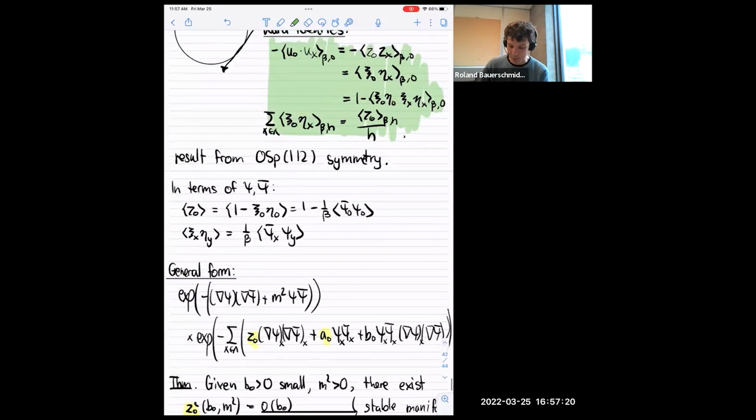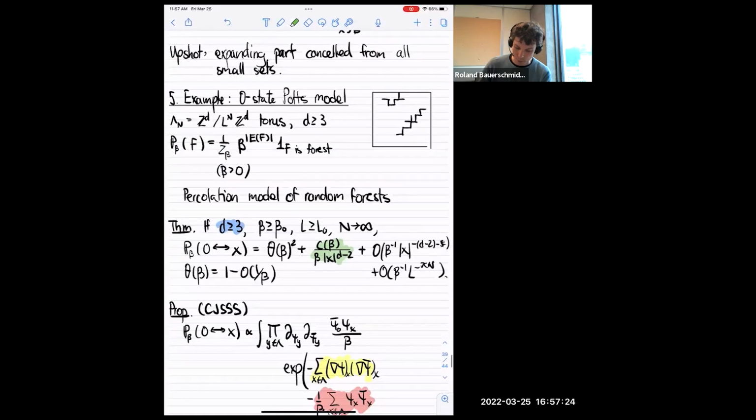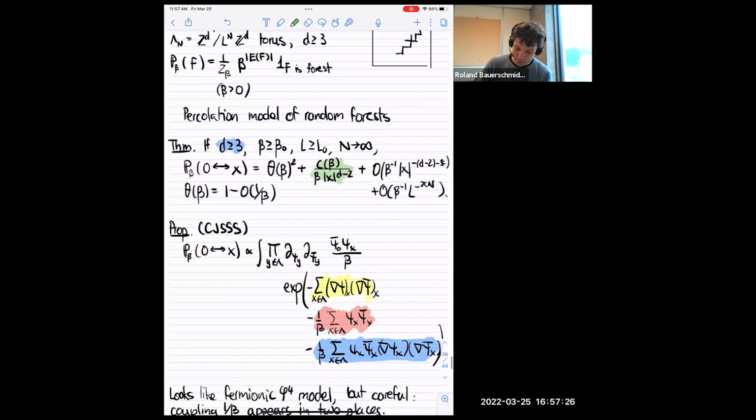And for example, we can see things like the leading term here, which is an effect where the symmetry plays really an important role, so that we can see it.